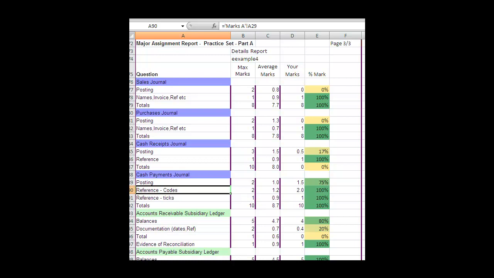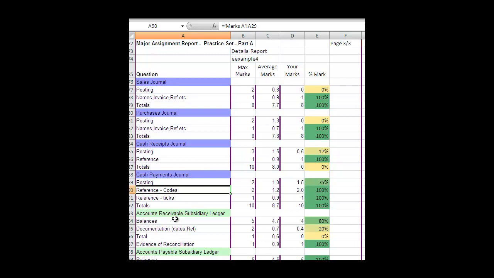Now, if you're not sure about this, the textbook does this quite well. I'll just grab the textbook. Chapter 8, about page 328. If you go to page 328 onwards, the posting and the whole of the sales journal, purchases journal, cash receipts journal and cash payments journal are treated quite well.